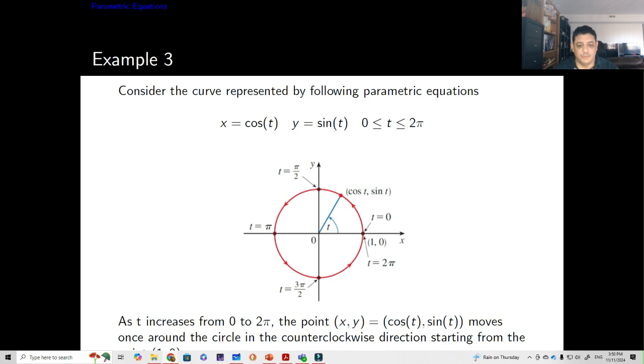So for example, you make t start from minus pi half to pi half, then you can cover from here to here, or you can even try a negative direction, in which case you go in this direction to complete the circle. So the parameter t and the values that you get with the parameter t for x and y is what determine the direction of the curve.